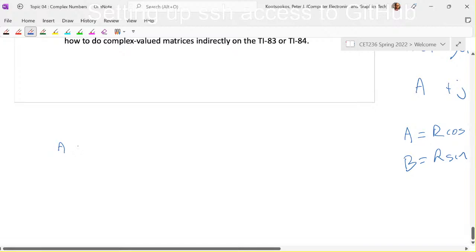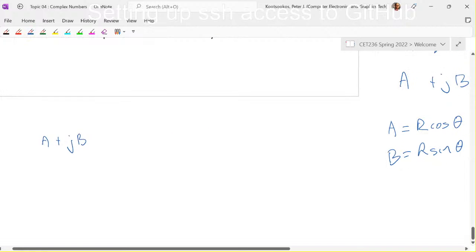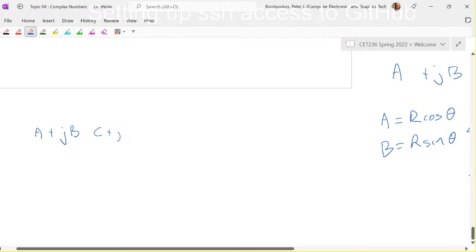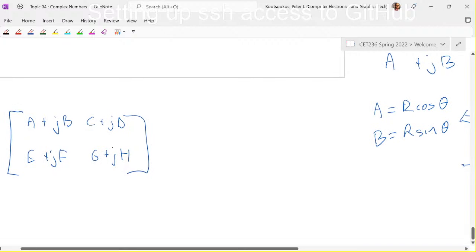So if I have a complex number a plus jb and I need to put that into a matrix, let's do a 2 by 2 matrix: c plus jd, e plus jf, and then g plus jh. For those TI-83, TI-84 calculators, if you've got a TI-89, it lets you do that.